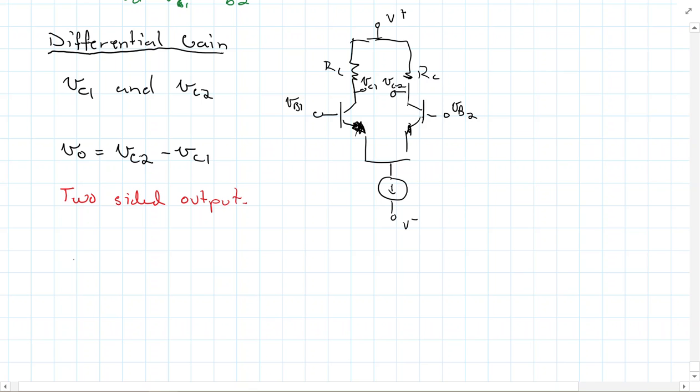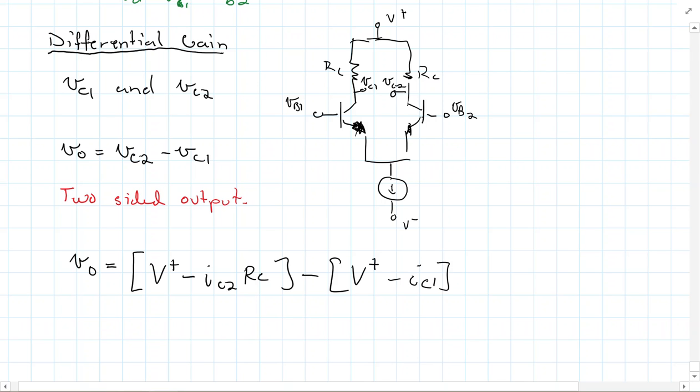So let's see, what would we have here? Well, we'd have that V out is equal to IQ over 2 plus V plus minus IC2 RC minus V plus minus IC1 RC.